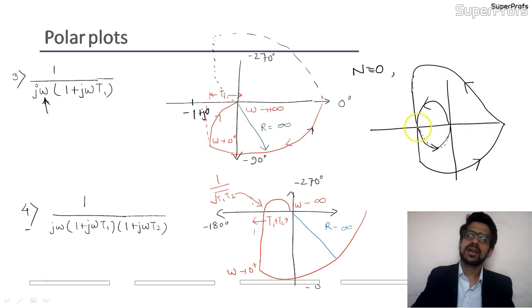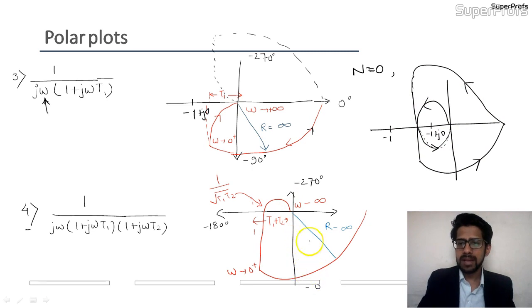So if my -1 plus j0 point is here, n will be 0, but if my -1 plus j0 point is inside the circle, it will have one anti-clockwise and one more anti-clockwise encirclement.